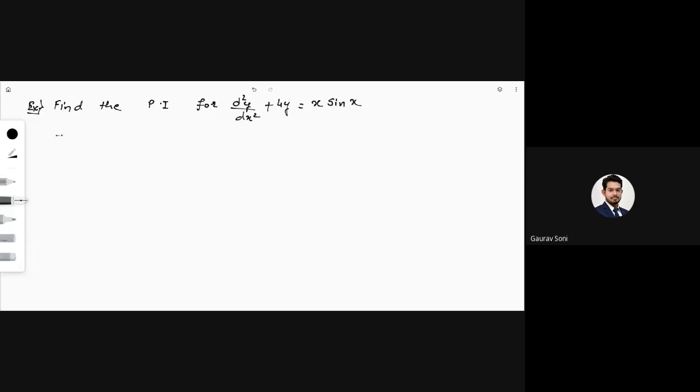So I can write this differential equation, as there are two derivatives, as D square plus 4, bracket complete, y is equal to x sin x.